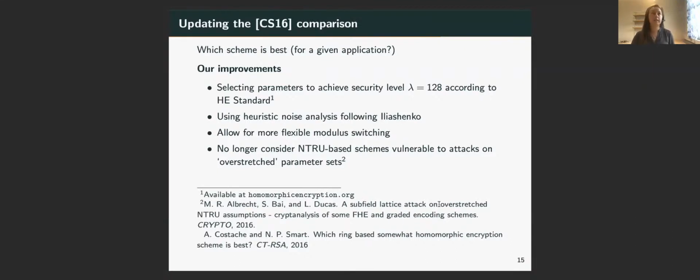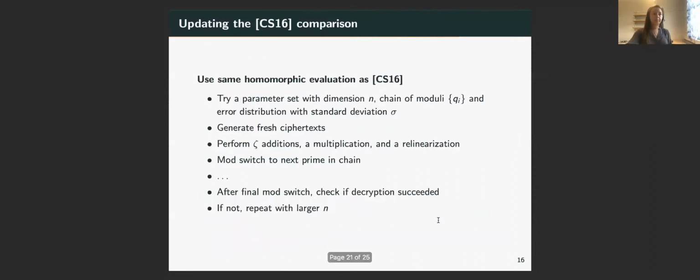But also, because of attacks that have come out since the publication of CS16, some of the parameters that at the time were thought to have 80 bits of security have now been shown to have as little as 50 bits of security. And so we've updated that, and we've used the same homomorphic evaluation as in the CS16 paper.